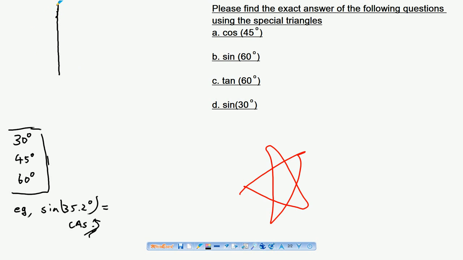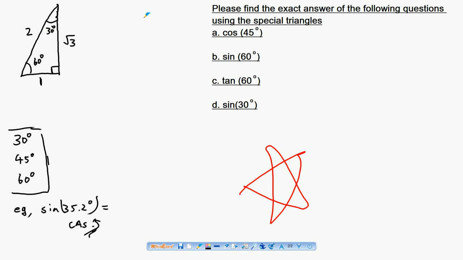Okay. Now I draw my special triangle. In your first triangle, the hypotenuse is 2 and the base is 1, and we have 60 degrees, and the other side is square root of 3, and here is 30 degrees.